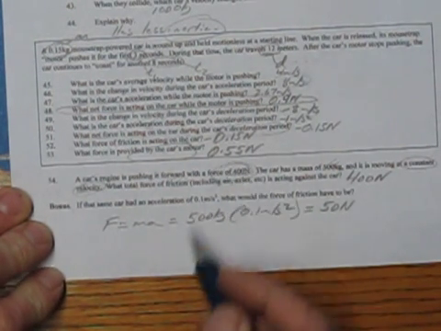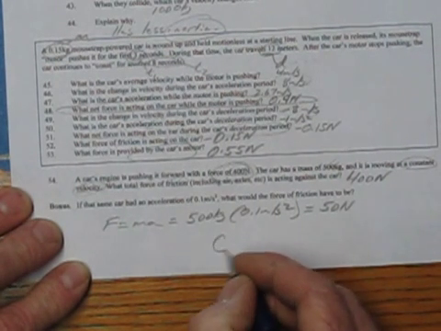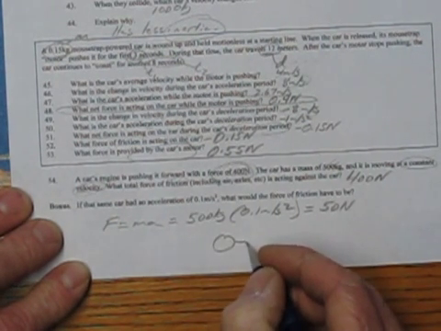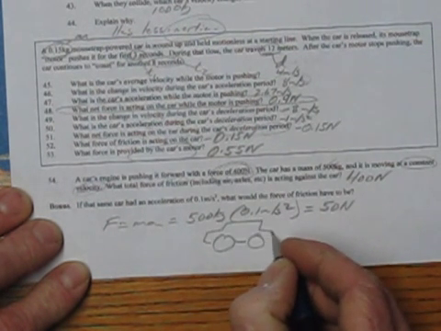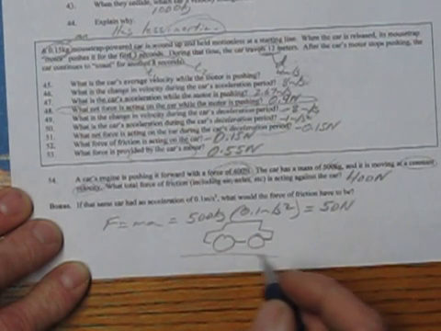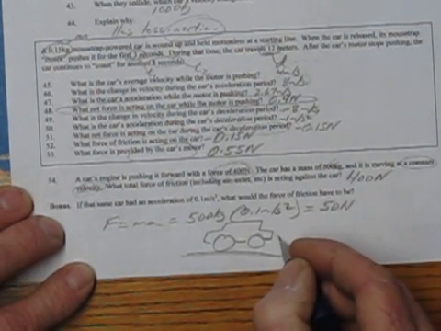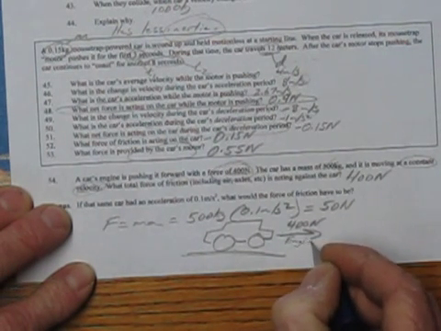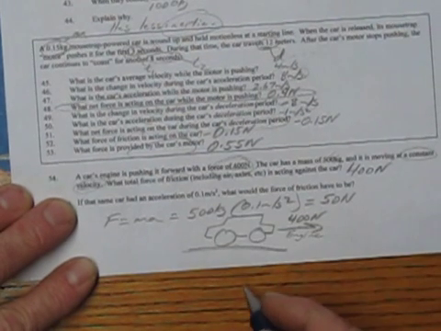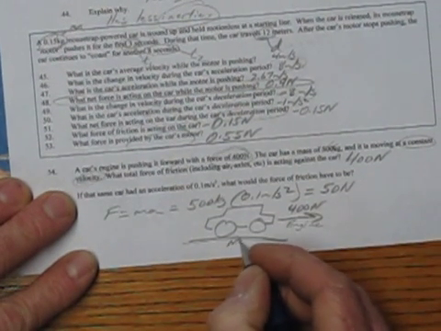And the car's engine is 400 newtons. So this will be the car. I'll make it look more like a real car, except weird. All right, good enough. So the engine's moving it this way, 400 newtons. I've taken up too much room up there, so I'll put the net force down here.